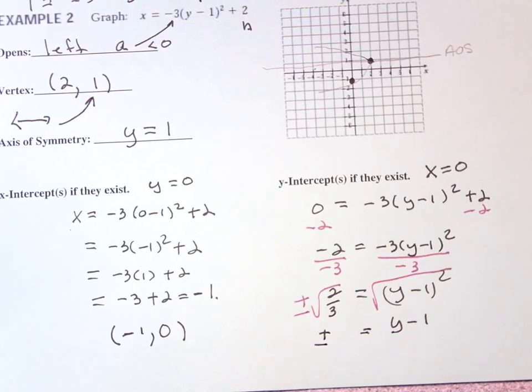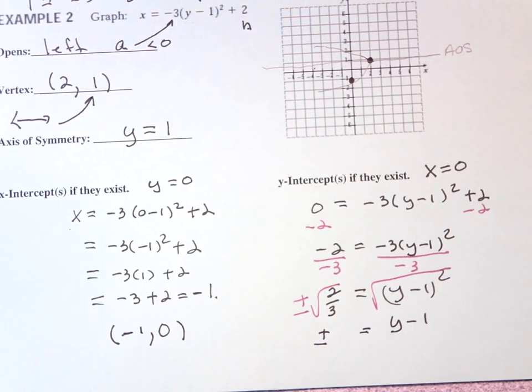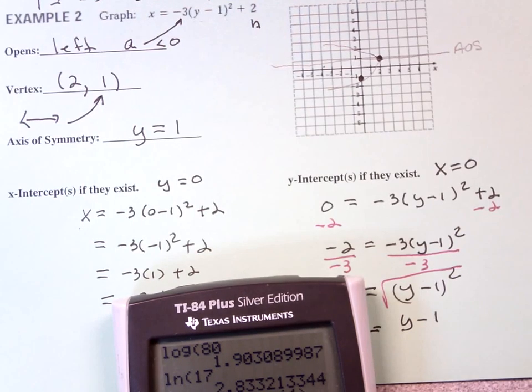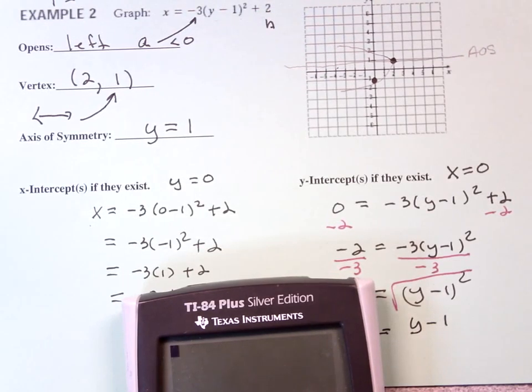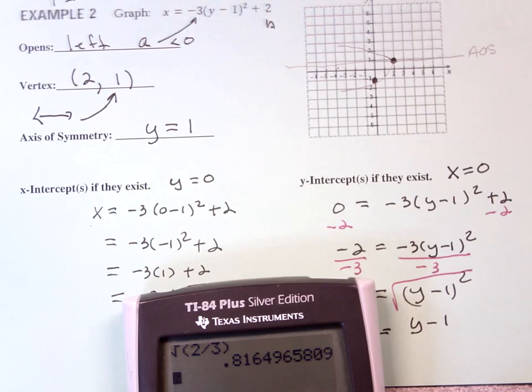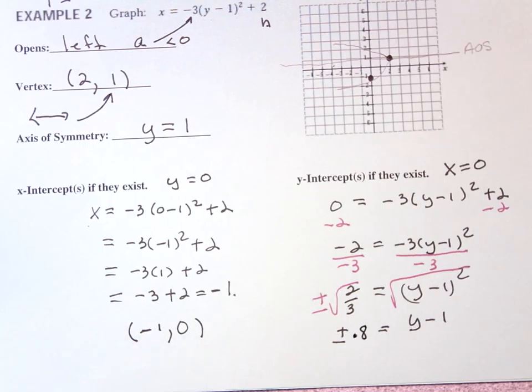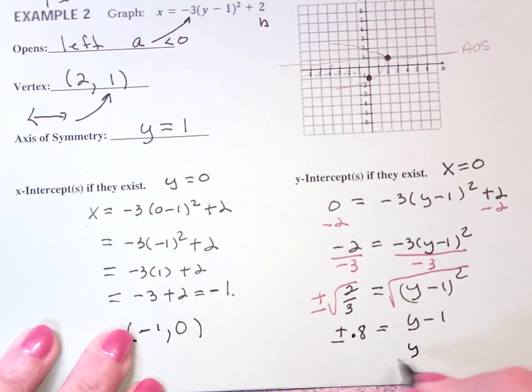And then I'm going to pull my handy dandy little calculator, because we need numbers. So I'm just going to go ahead and do the square root of 2/3 and be done with it. The square root of 2 divided by 3 is 0.8. That's sufficient. So y equals 1 plus or minus 0.8.